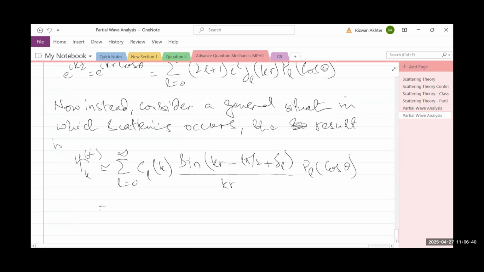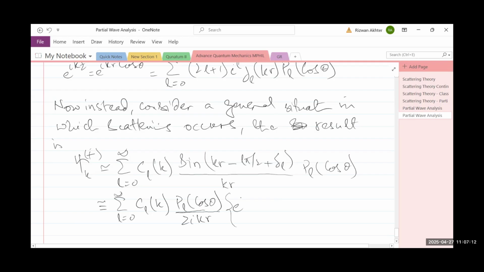So this could also be written in terms of exponential functions, that is, writing sine in the form of exponentials, C_L of k, P_L of cos theta, which is the Legendre polynomial representing the spherical harmonics. 2 iota k are the coefficient part, and then the parts which correspond to the outgoing and the incoming wave.